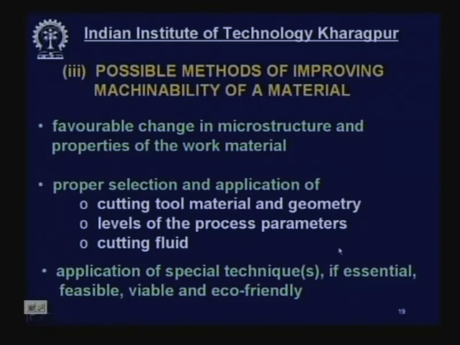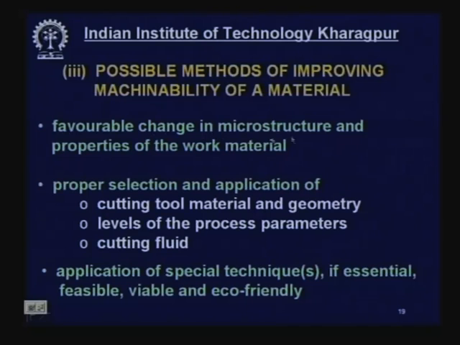Now, let us summarize possible methods of improving machinability of a material or a material tool combination. Machinability means ease of machining. So, we wish that material be easily machined. We want machinability to be high, and we also know that machinability improvement means reduction in cutting force, reduction in temperature, improvement in tool life, increase in surface finish and so on.